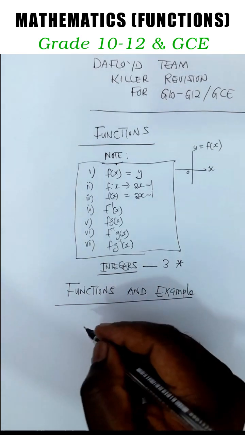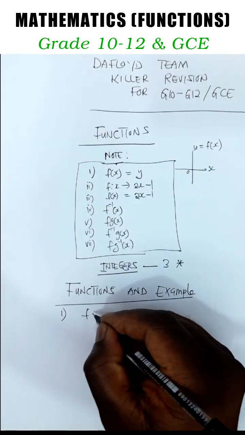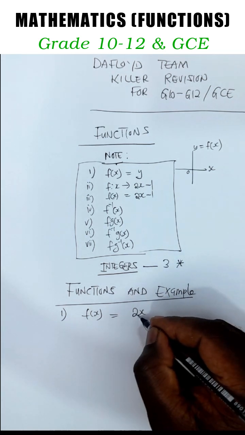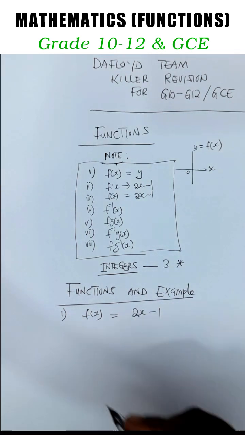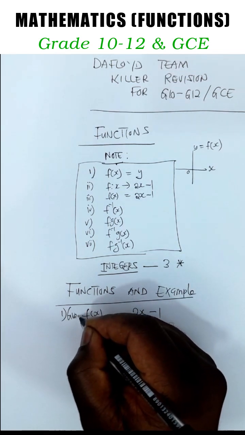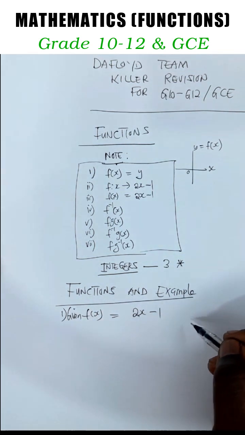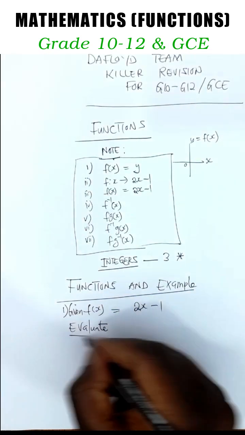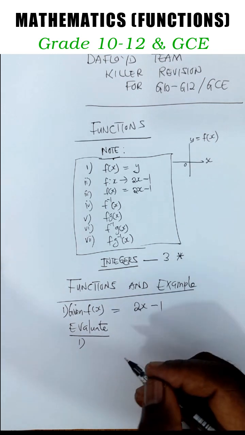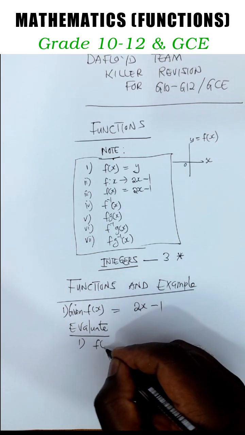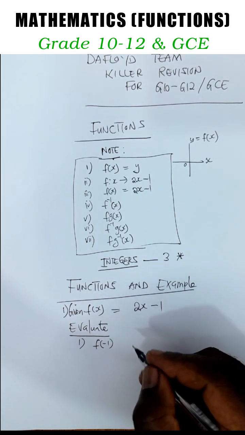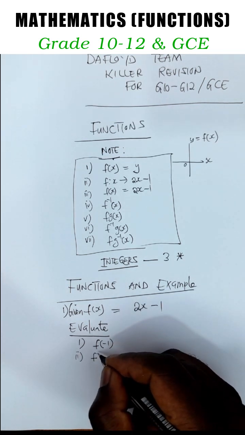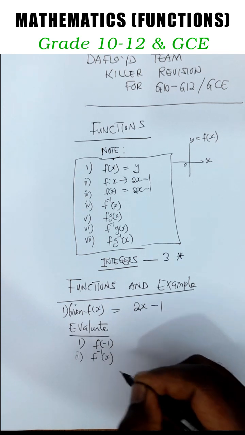So let's just say number 1, we have f of x is equal to 2x minus 1, the one I picked. Then they say, given f of x is equal to 2x minus 1, evaluate. They say you find the value, evaluate. Number 1, f of negative 1. And number 2, f inverse of x.